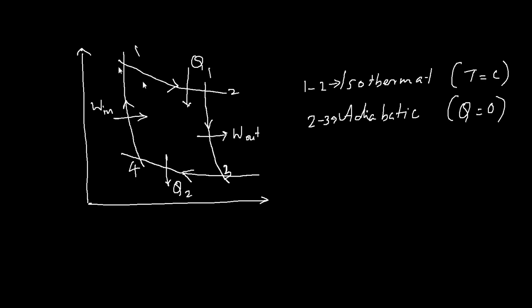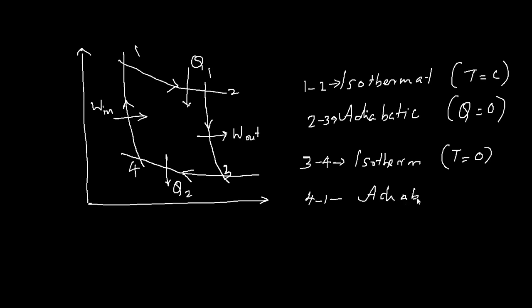So 1, 2 is a reversible isothermal where constant temperature heat addition happens, and 2, 3 is a reversible adiabatic where work is discharged with no heat transfer, and 3, 4 is another reversible isotherm where you have constant temperature heat rejection to the sink, and you have 4, 1 another reversible adiabatic where you have work input with no heat transfer.